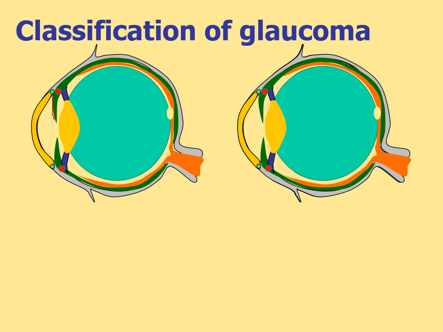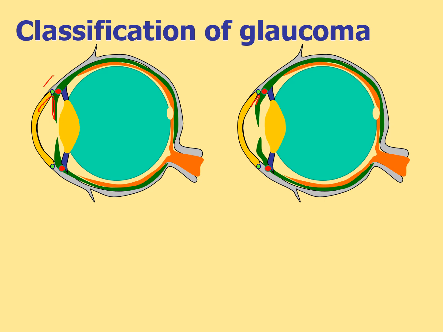The angle is open, so we call it open angle glaucoma. Look at the angle here. The angle is open, but if the iris moves forward like this, the angle gets closed. Now this is the closed angle glaucoma, and for that you have to do the gonioscopy.